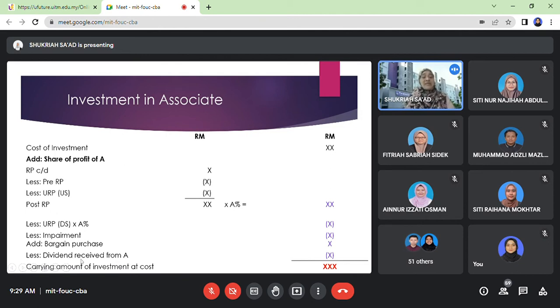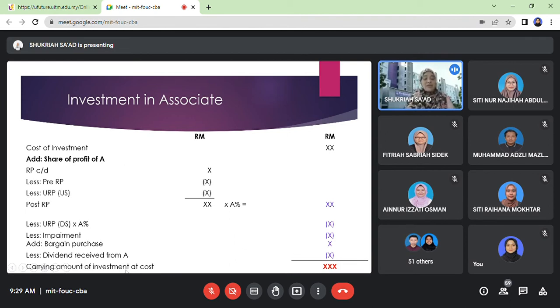Remember just now, in the earlier part of my lecture, the holding company may also receive income from the associate, which is in terms of dividend. So we need to minus. So from top to down, we total out everything.